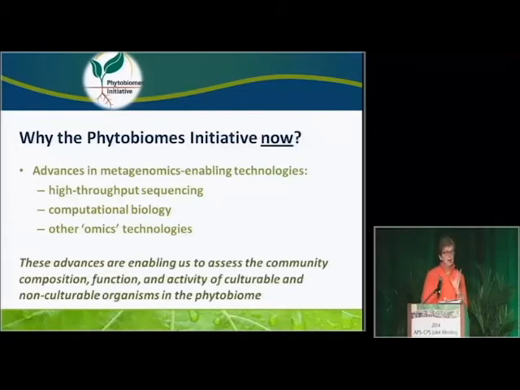What these are allowing us to do is to assess the community composition, its function, and its activity. So we're getting a much bigger picture. The story is becoming much more complex, but that complexity is what we live with as we try to improve crops and how those plants produce.